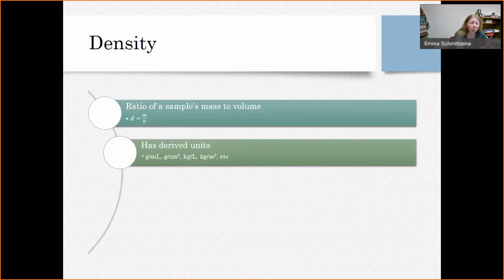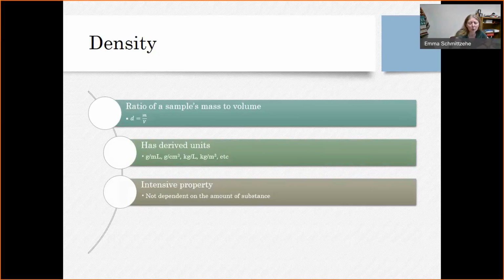Now, a couple other important things to realize about density is density is what we would call an intensive property. And an intensive property is something that doesn't depend on how much you have, okay? As opposed to, which I don't have listed here, but this is as opposed to an extensive property.